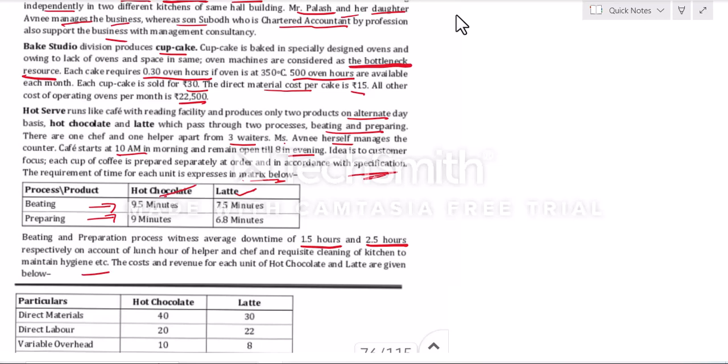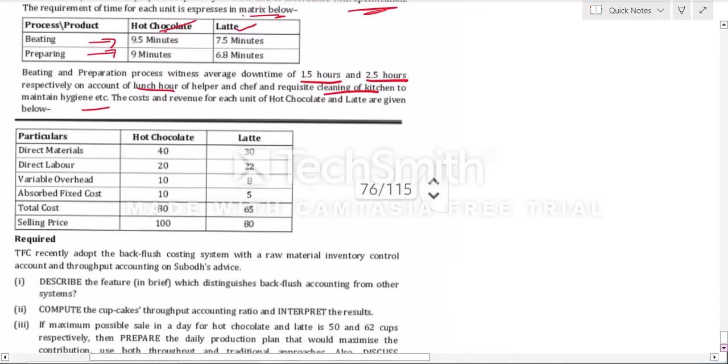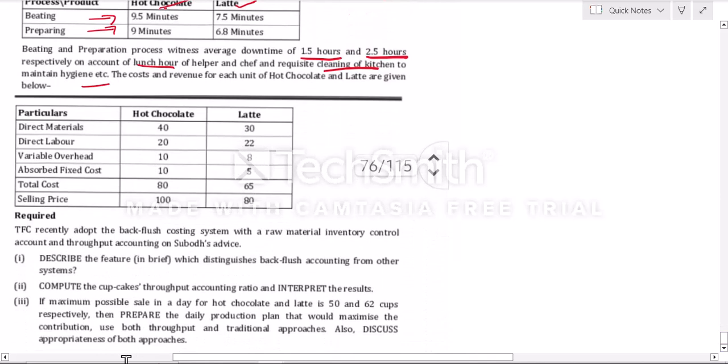So because of this there is a downtime for lunch hour and cleaning the kitchen. Cost and revenue for each unit of hot chocolate and latte are given below: direct material, direct labor, variable overheads, absorbed fixed cost, total cost and selling price.